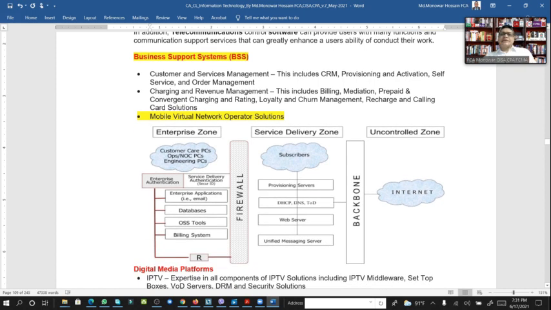So each layer helps the other layer within the organization.